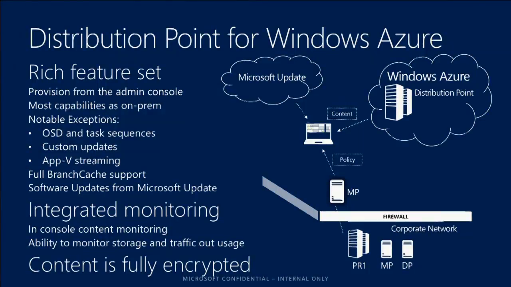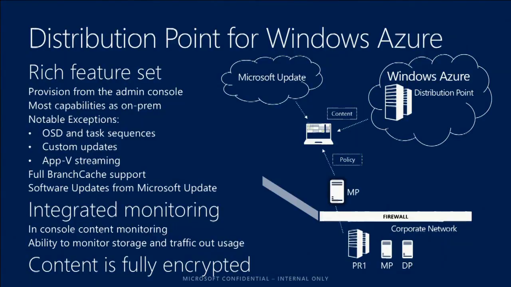The silly one would be software updates. There's no point in having the Config Manager client go to an Azure distribution point to get a Windows update. You might as well just go directly to Windows Update to get that content. That has the advantage that you don't have to pay the storage cost in Windows Azure or any of the network charges. The client itself just goes directly to the Microsoft cloud, if you will, Windows or Microsoft Update, to get that content.